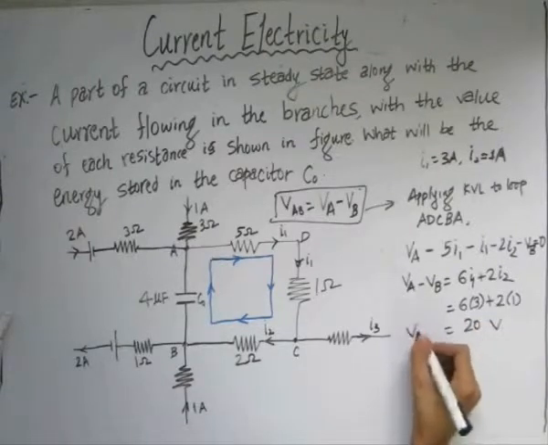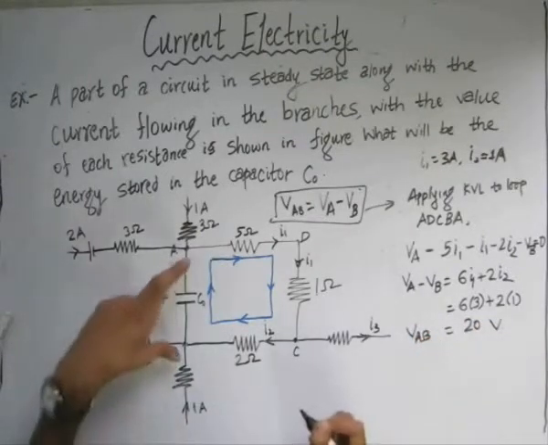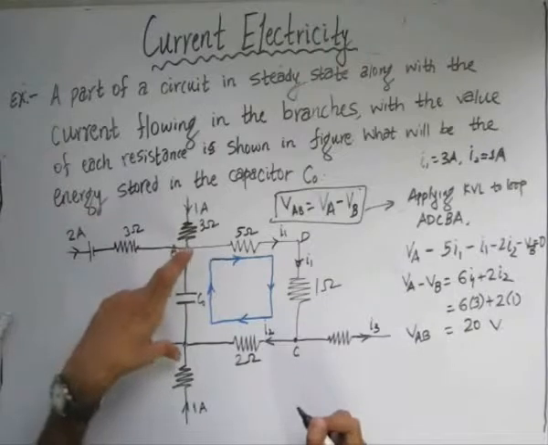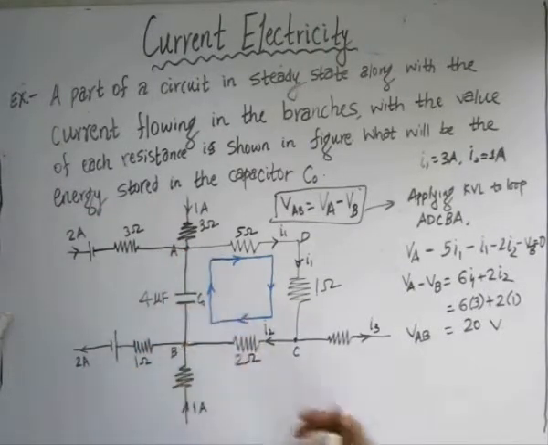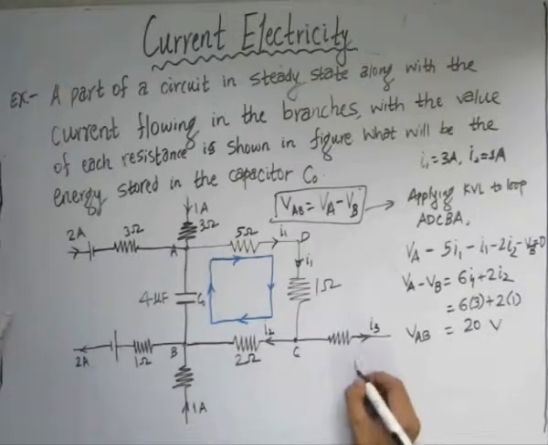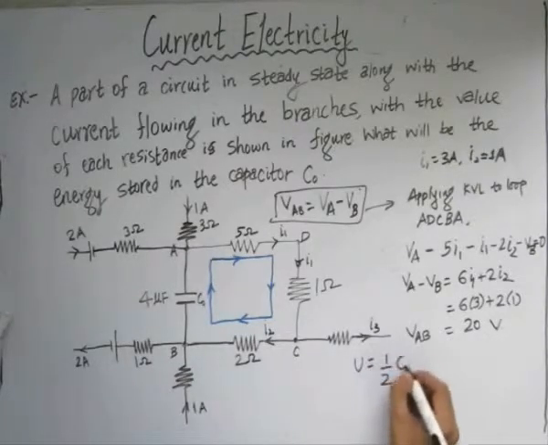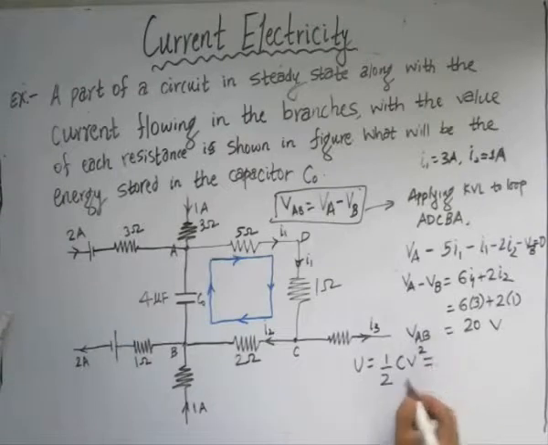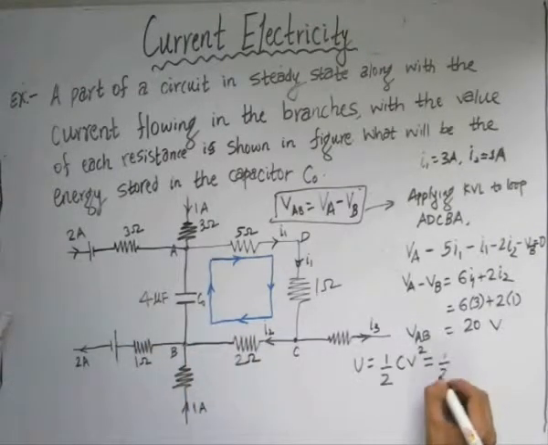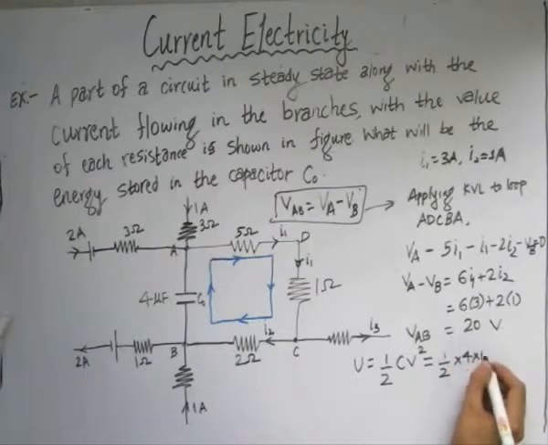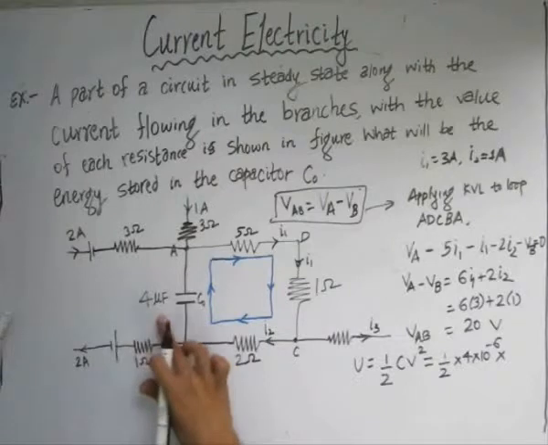Now 20 volts is the potential difference between the points A and B, and this is the potential drop across the capacitor C0. Now in order to determine the energy which is stored in the capacitor C0, we'll be using the formula half CV square. Now in our case, the value of the capacitance C0 is given as 4 microfarad, so 4 into 10 to the power minus 6 farads. In SI systems, we'll be taking the unit for capacitance as farad.